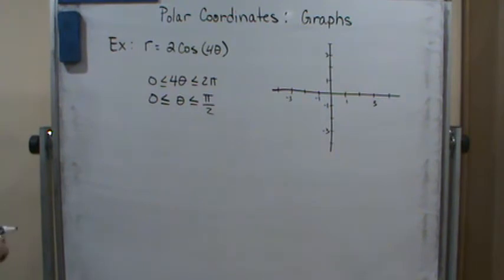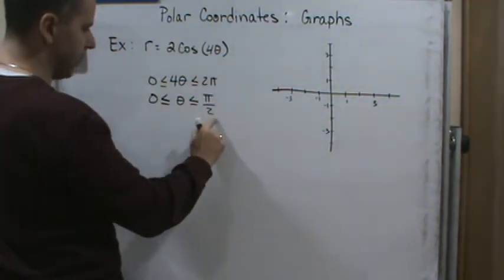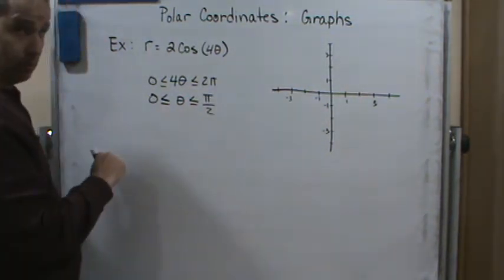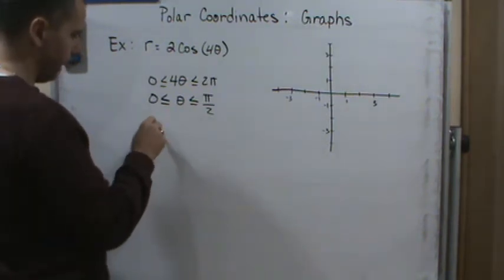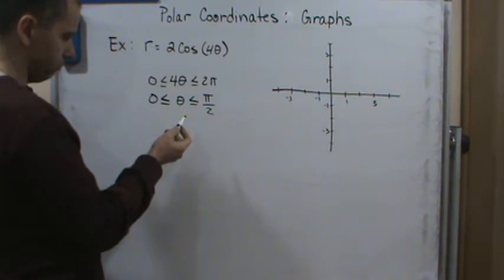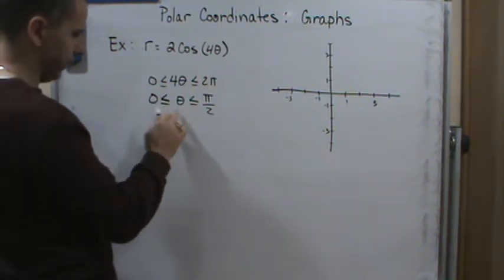Now, we've got 8 petals, right? So think about this. I'm probably going to want to split this up into 8 pieces, so I'm probably going to want to go by 8ths, because I've got 8 petals and I've got to go from here to here.